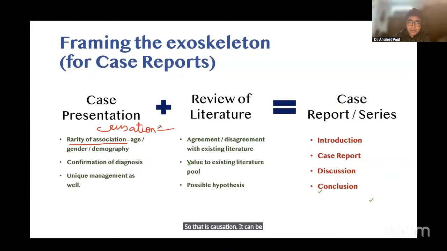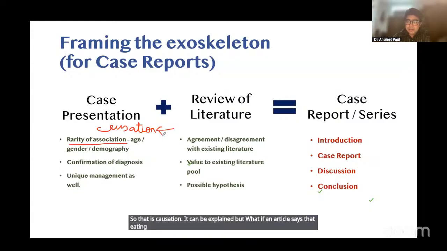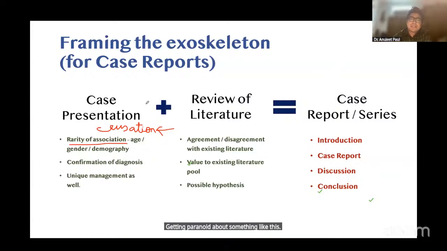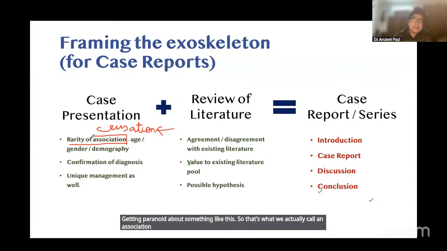But what if an article says that eating dairy milk causes lung cancer? I'm sure you see a lot of WhatsApp forwards where you see very vague things causing vague diseases, and then someone in your family is already getting paranoid about something like this. So that's what we actually call an association, that two things are associated with each other but are not correlated.